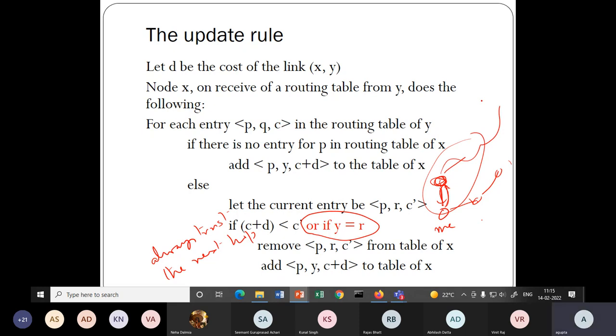If some link had a cost of 1 and now for some reason the cost has changed to 3, only this node can know eventually. My way of knowing this cost has increased is only through it. If it told me earlier something based on 1 and I trusted it, and now it tells me the cost has increased, I don't need to know how it came to know. I will always trust it. So I will update if the existing route is more costly than the incoming route, or if the incoming route is coming from the same next stop as the one in the existing route.